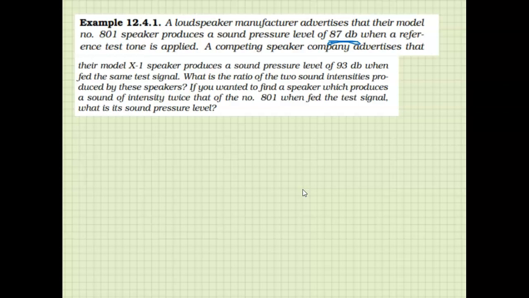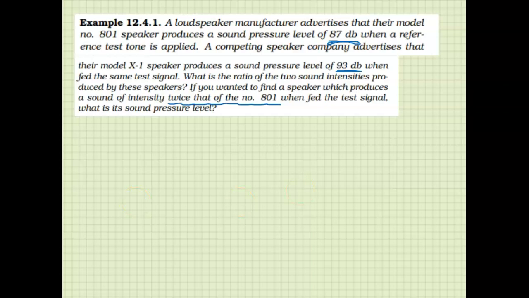A competing speaker company advertises that their model X1 speaker produces a sound level of 93 decibels when fed the same test signal. What is the ratio of the two sound intensities produced by the speakers? If you wanted to find a speaker which produces a sound intensity twice that of number 801 when fed a test signal, what is its sound pressure level?